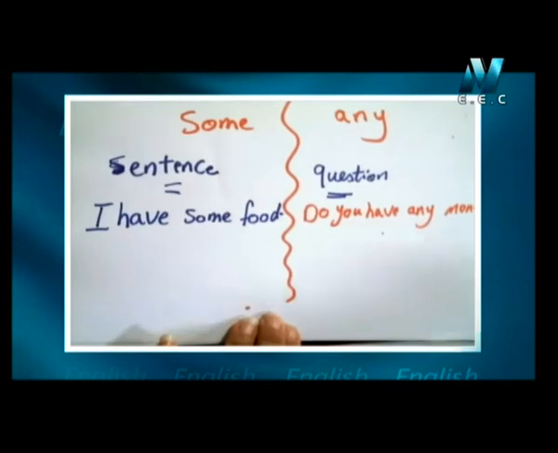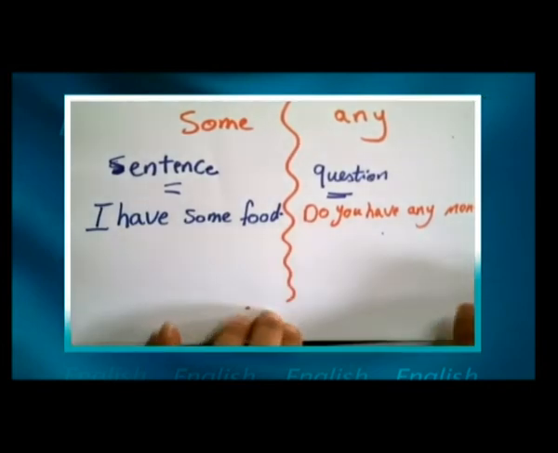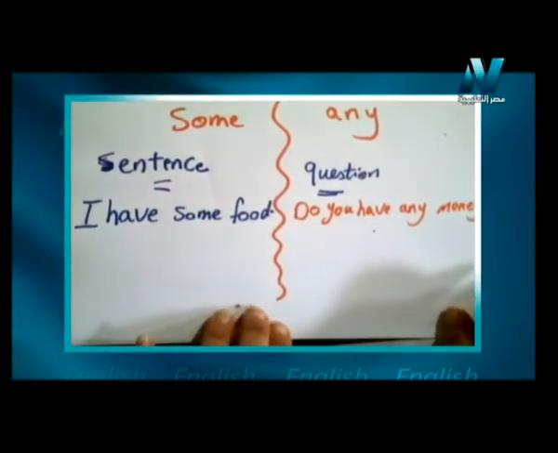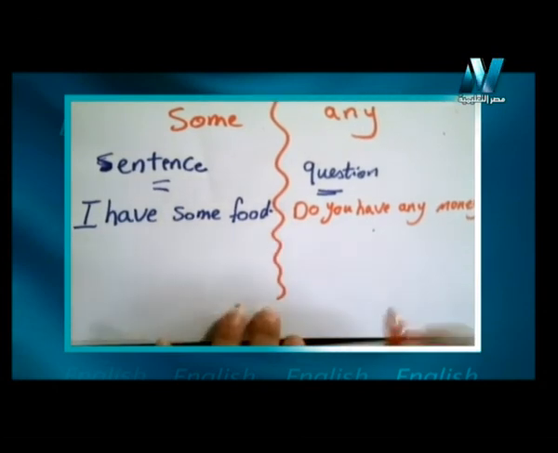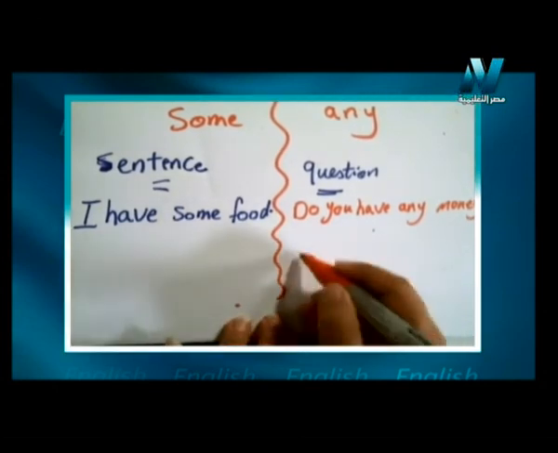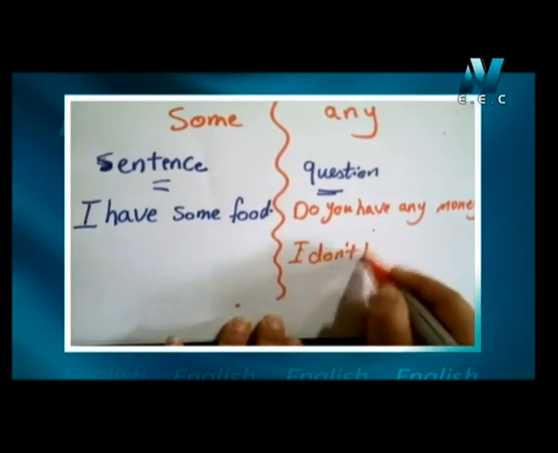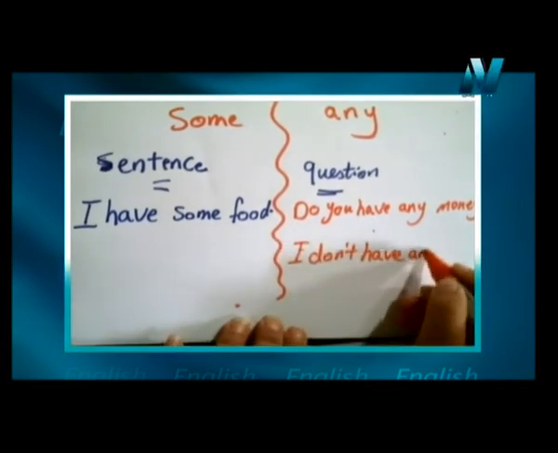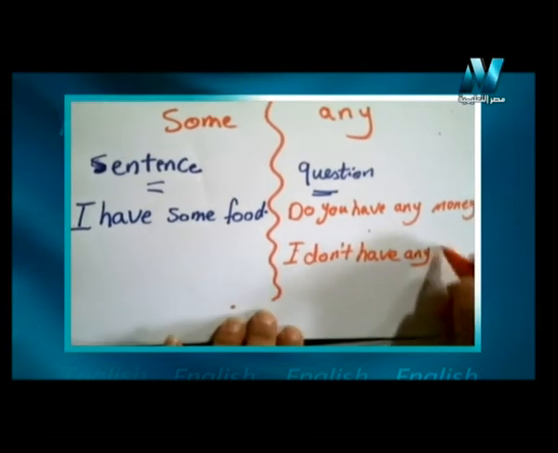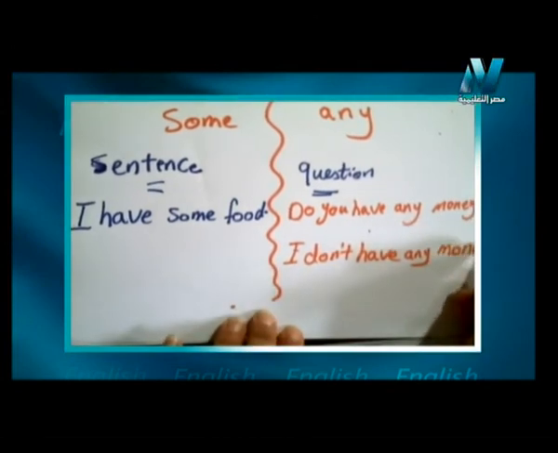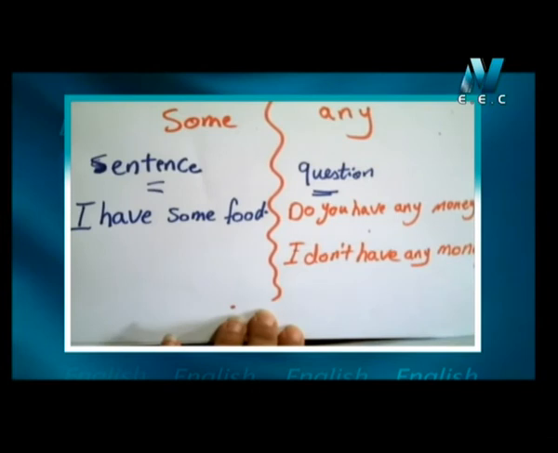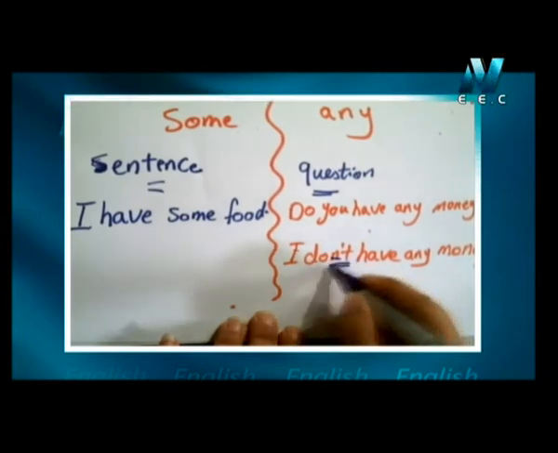But also, I'm going to say any in a negative sentence. For example, I say, I don't have any money. I have here negative form, not negative.